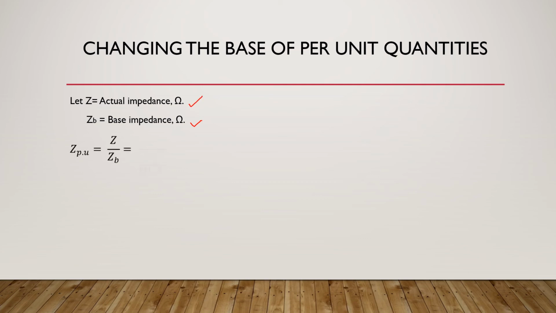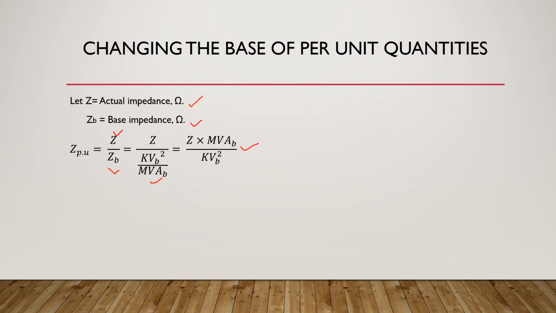Now, per unit value: what is the formula? Actual value to base value. We got the relation for base value from the previous slide. If we rearrange, we get Z per unit equal to Z into MVA base by kVB square.